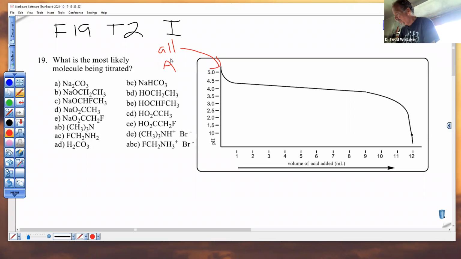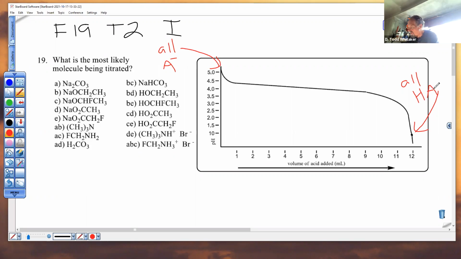That's what buffers do. And I just want to remind you, in this question, you start with all conjugate base. The generic for a conjugate base is A-, and the generic for acid is HA. The only important spot on the curve is where we have what's called an ideal buffer.